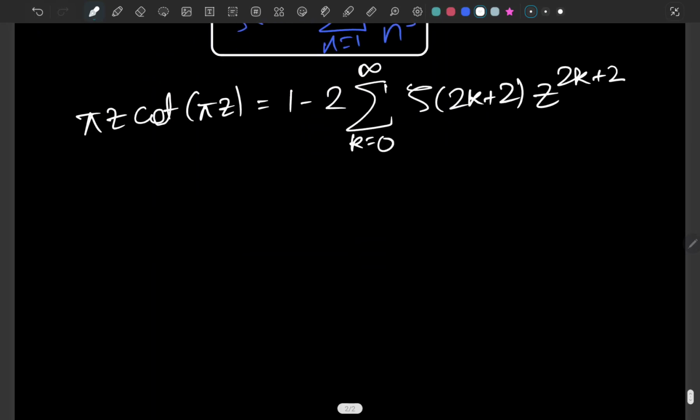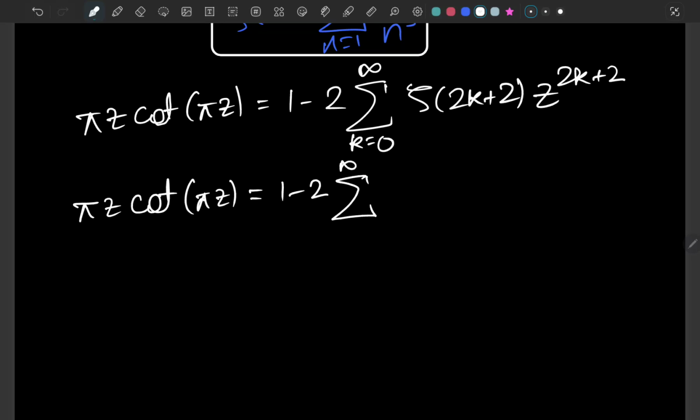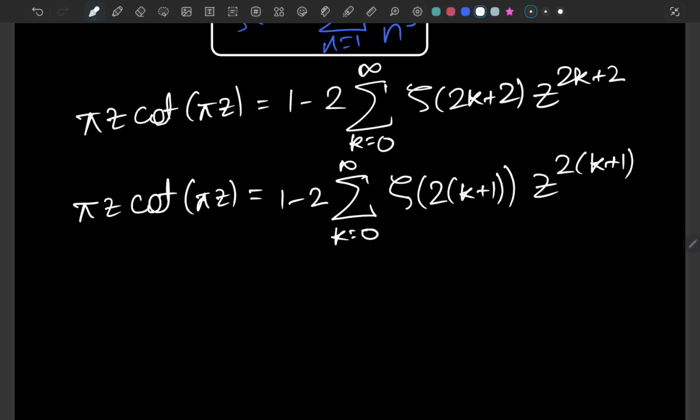And now let's pull a 2 common out of both the argument of the Riemann zeta function as well as the exponents of z. Pi z cotangent of pi z equals 1 minus 2 times this sum as k goes from 0 to infinity. Yeah, now it's quite good looking, and it's Riemann zeta of 2 times k plus 1, and it's z to the 2 k plus 1 as well.